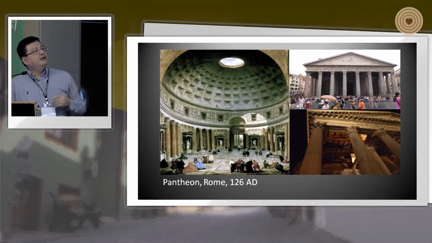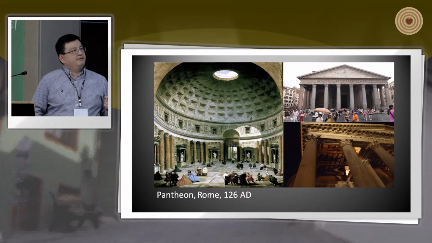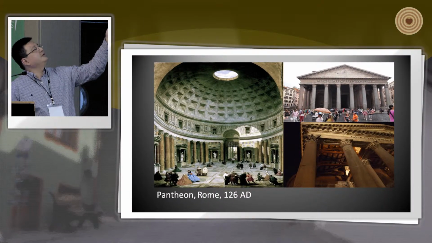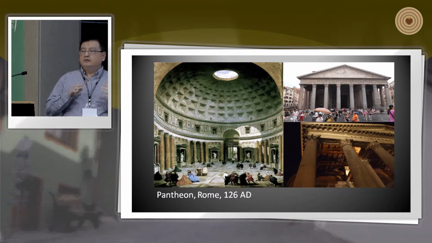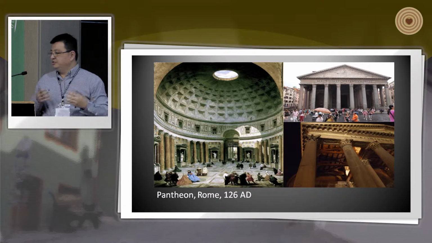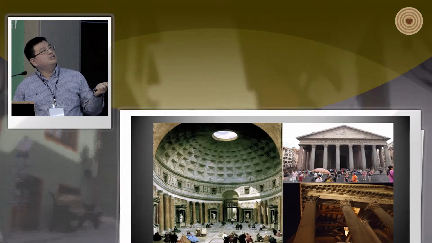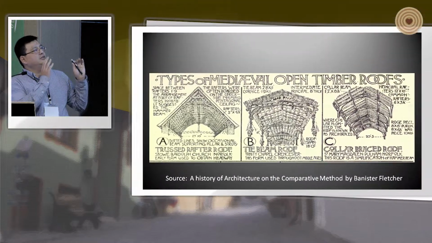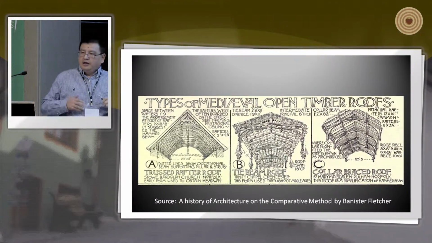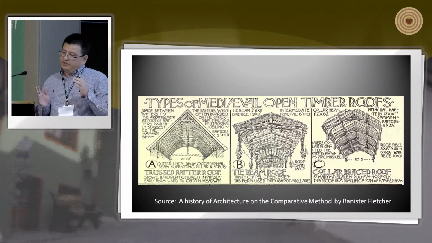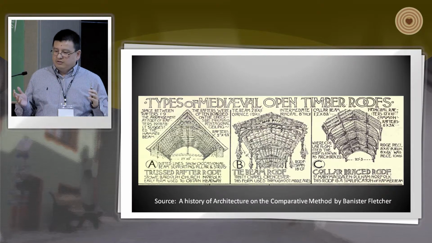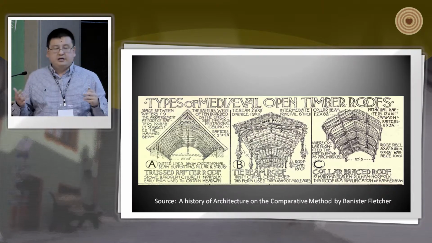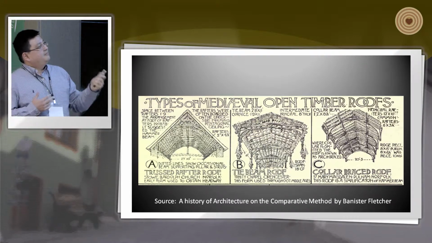This is the photo from the Parthenon in Rome, where you can see timber here. So actually, a long time ago, people started to use timber in truss roof, and then in the European continent, in medieval time, different forms of roof truss were developed.